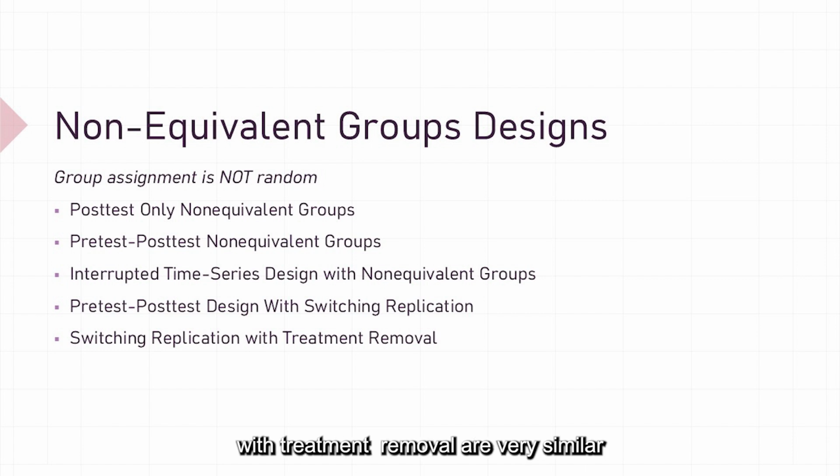The last two types of non-equivalent group designs, pre-test post-test design with switching replication and switching replication with treatment removal, are very similar to each other. In both cases, there are two non-equivalent groups. The dependent variable is being measured before the treatment starts, or, using other words, before the independent variable is manipulated.